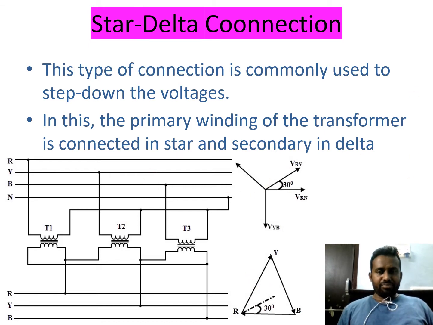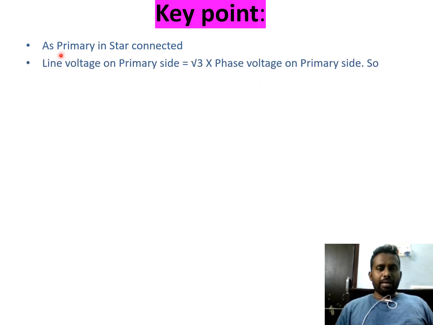What are the key features for this? As the primary is star connected, line voltage on primary is equal to root 3 times phase voltage on primary side.